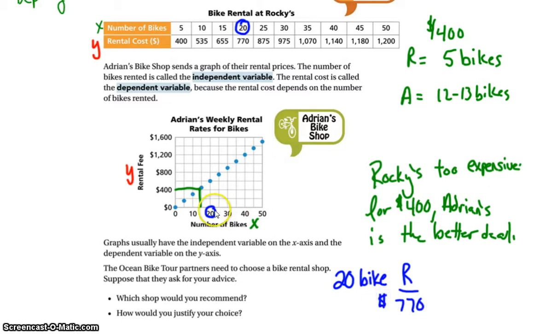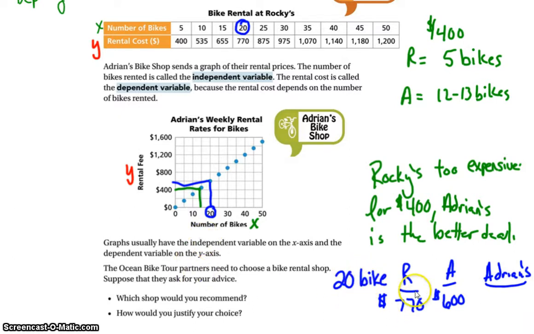And at Adrian's, I'm going to come up here and come over, and it's halfway between $400 and $800. So at Adrian's, I'm going to pay $600. So even for 20 bikes, Adrian's is still the better deal.